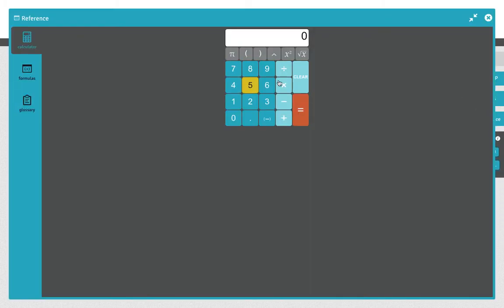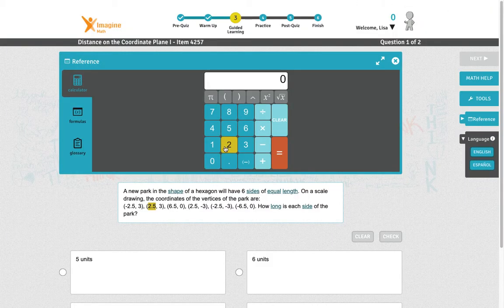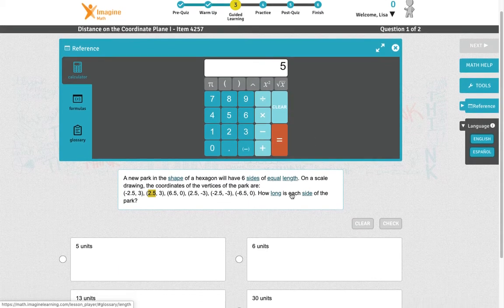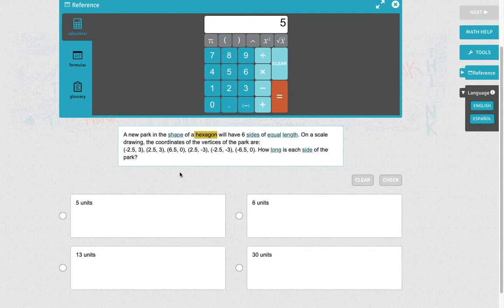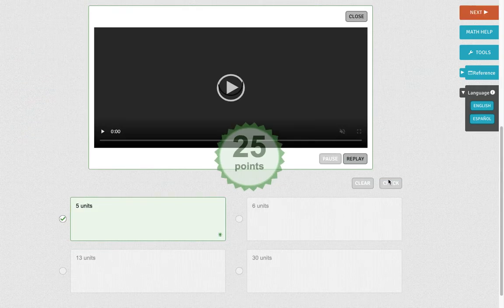If you don't know, you can use the calculator, and we get 5. So the distance, how long each side is, in a hexagon with the same length sides, is 5 units. Then I can check my work.